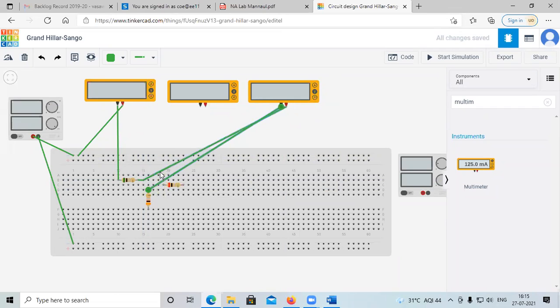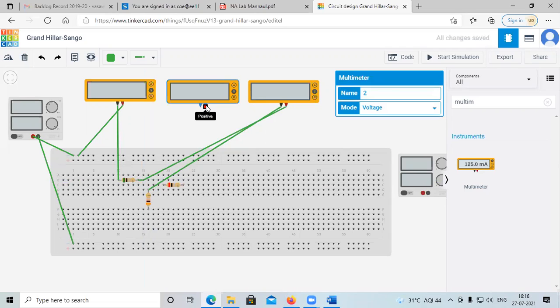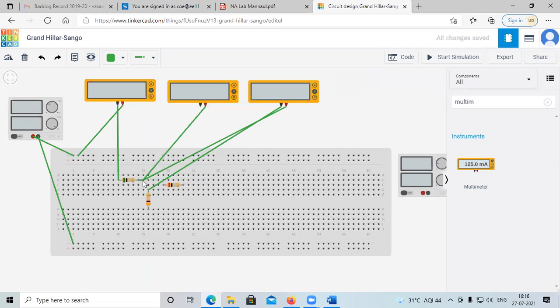Now to connect I2, I will connect here. Okay, see, then I will connect the positive terminal of this here.